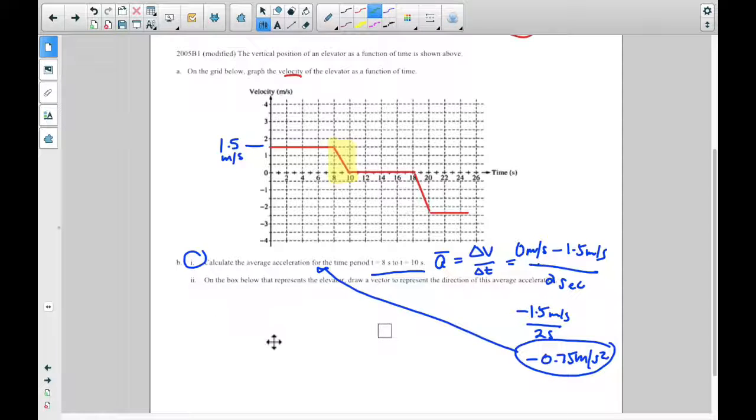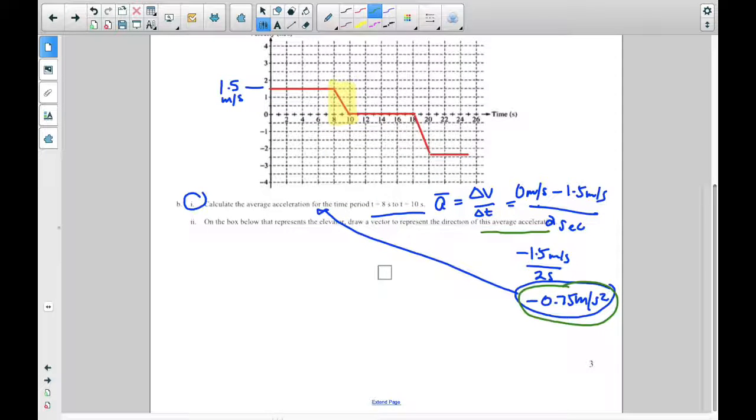All right, the last part of this question says on the box below that represents the elevator, draw a vector to represent the direction of this average acceleration. Now, keep in mind this elevator is not in free fall. If it was in free fall, the acceleration would be negative 9.8 meters per second squared. But thankfully, it's not in free fall.